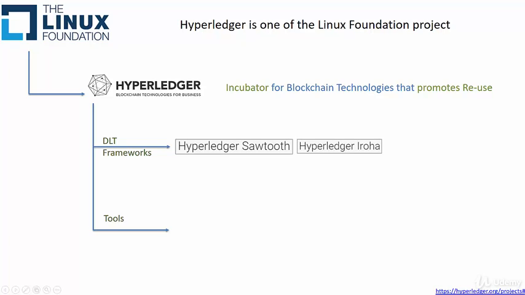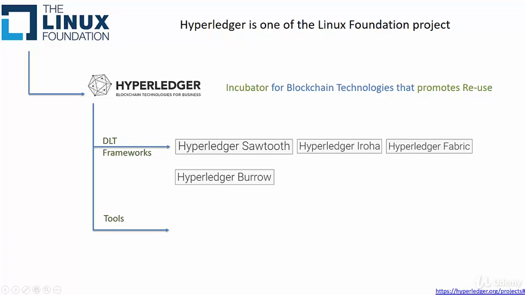IBM donated the source code for its blockchain initiative called Open Blockchain, and that combined with the source code from some other partners such as Digital Asset incubated the Hyperledger Fabric project. Most recent addition is the Hyperledger Burrow from Monax. Monax is known for its work on creating a permissioned chain on top of Ethereum blockchain technology.